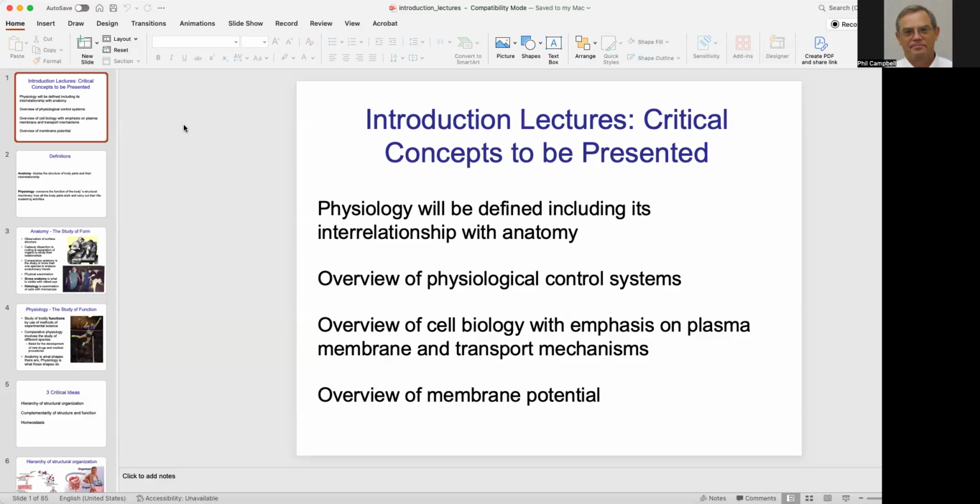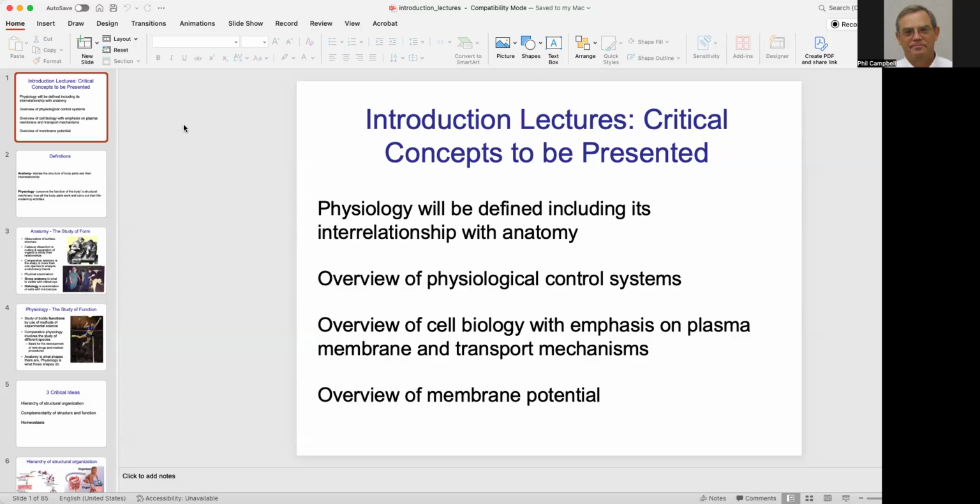This is not going to be an exhaustive venue. I'm just going to go over some broad areas and then focus on the plasma membrane, which is the boundary layer that defines an individual cell, and how this is essential to understand what its constituents are and how this relates to transport, because this is everything for physiology. We can't even talk about membrane potential, the charge potential across a membrane, until we understand transport and the nature of the plasma membrane.